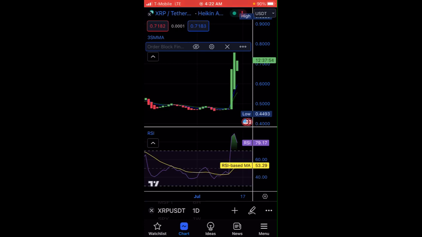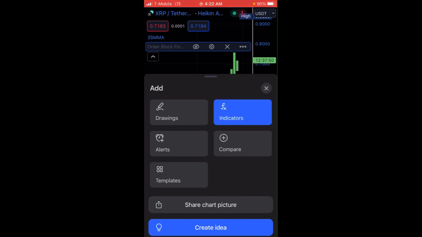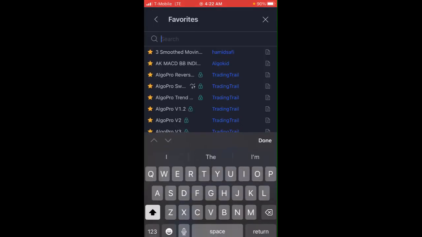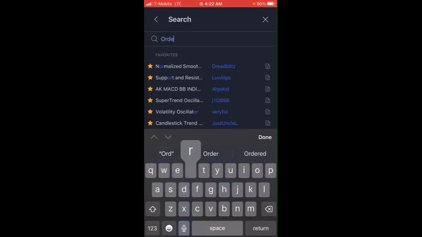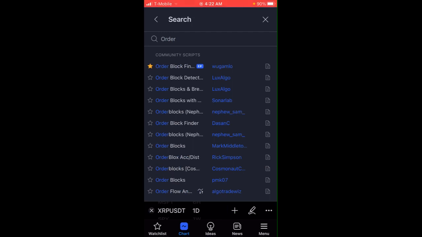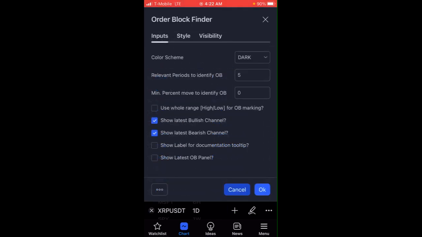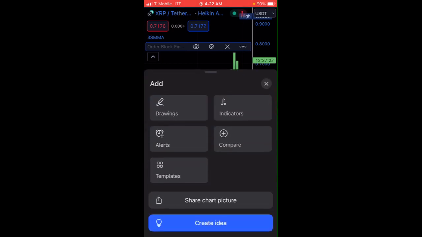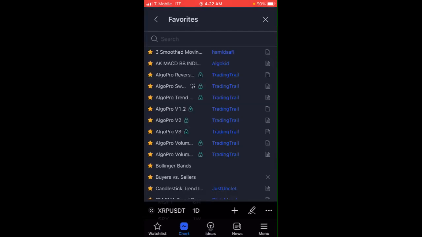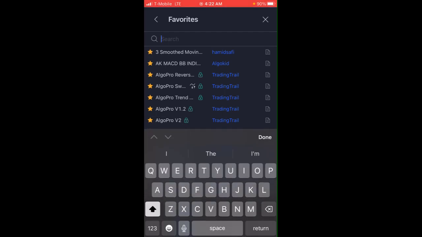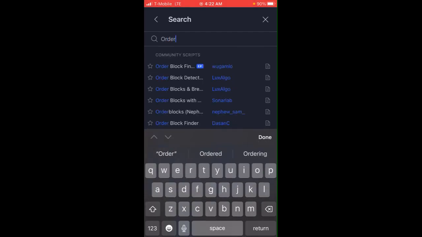What we want to look for next is we want to go to indicators, and we want to look at order blocks. It's the first one you should see. It's called Order Block Finder. That's the one you want to look for.